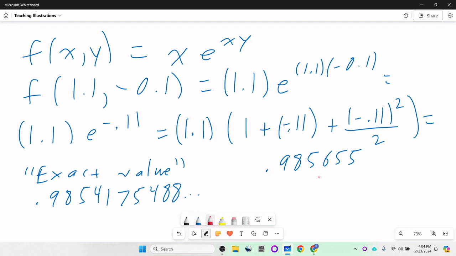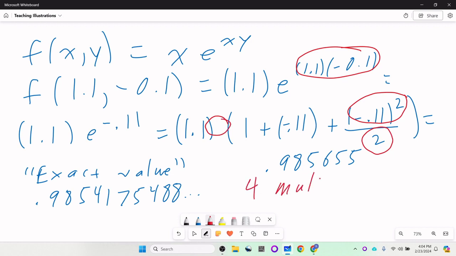This is a pretty good approximation of that, but what did we have to do to get here? How many multiplications do we have to do? We did one multiplication, and a second multiplication to square, a division, which counts as another multiplication, and then yet another multiplication. That was 4 multiplications, and also 2 additions. Sometimes these are measured in flops.